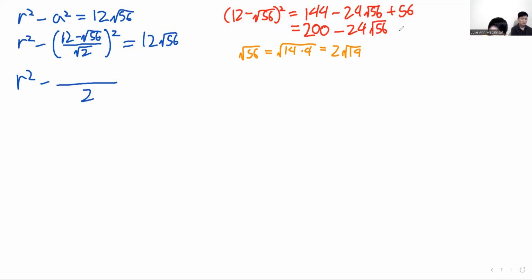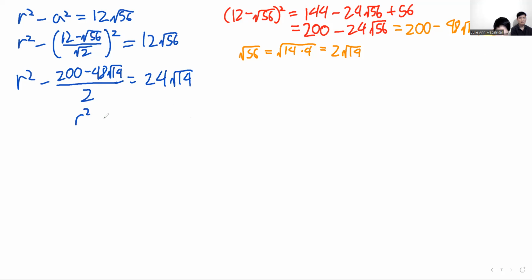So this is equal to 200 minus 48 square root of 14. So 200 minus 48 square root of 14 is equal to, now we know it's 2 square root of 14, 24 square root of 14.